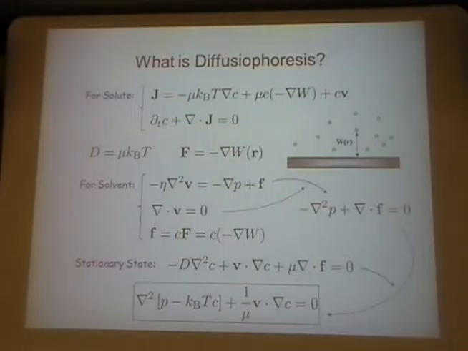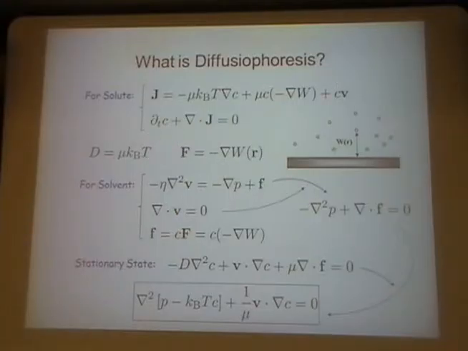So I'm ignoring inertia here, starting from the Navier-Stokes equation. That's this one. Eta is the viscosity of the solvent. V is the velocity, P is the pressure, and force F here is the body force which is acting on the fluid. I need to describe basically the continuity equation, if you want, for the solute molecule.